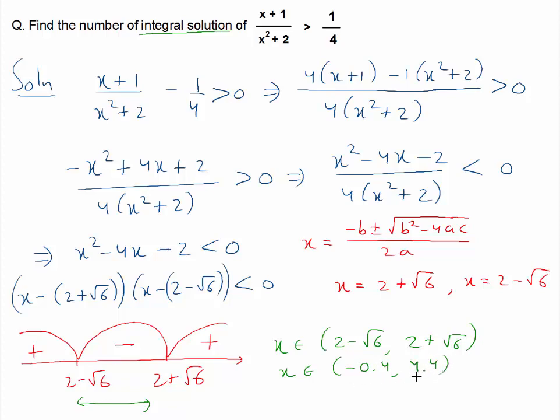So this is the approximate range. So the integral solutions would be 0, 1, 2, 3 and 4. So these will be the 5 integral solutions. So the answer is 5, because we have 5 integral solutions.